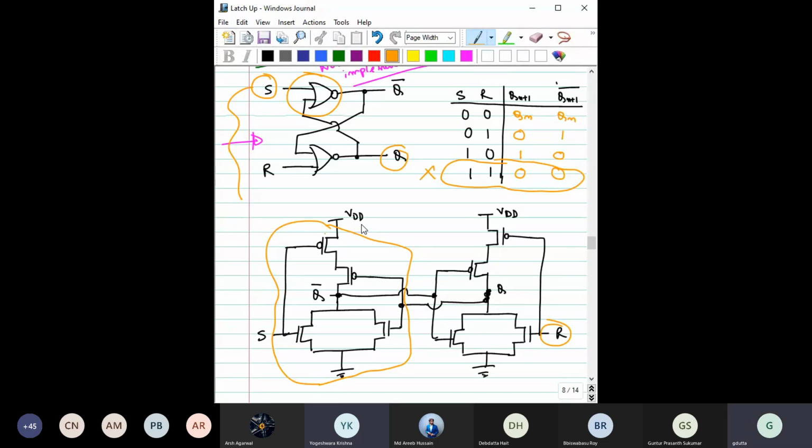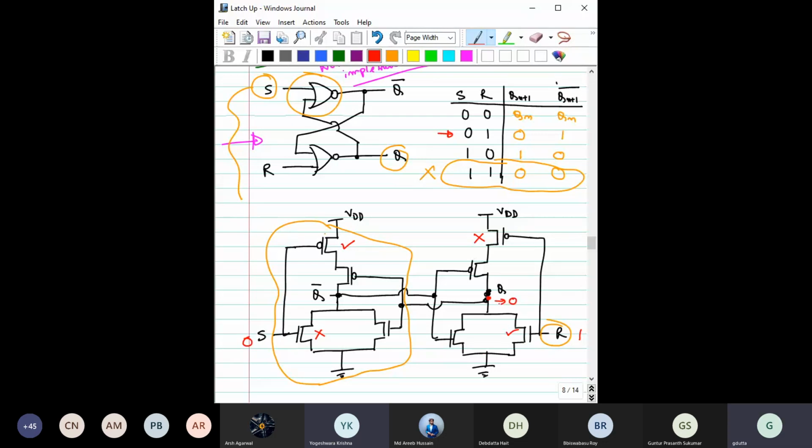Now can we do a quick check whether the truth table that we have made is followed in this circuit or not? Let's say a valid combination, S is 0, R is 1. When S is 0, this transistor is off and this transistor is on, so this Q point is connected with ground and has to go to 0.